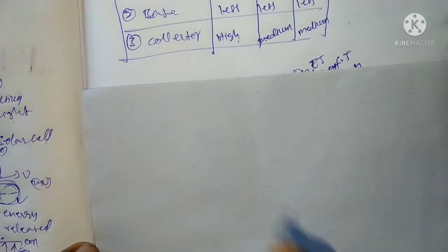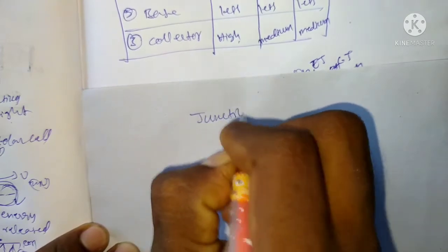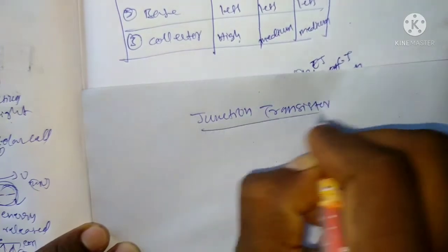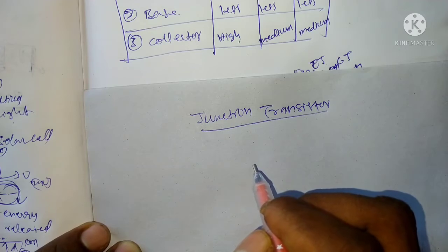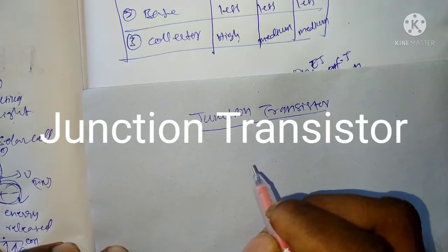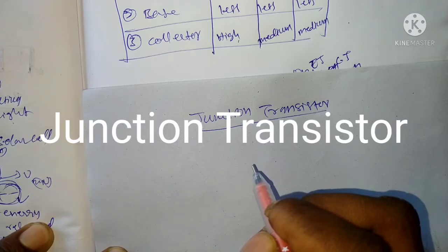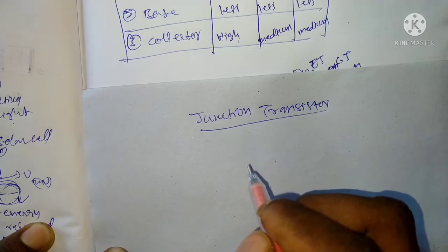Now we discuss the junction transistor. A transistor is a new kind of device, a specially designed PN junction diode.